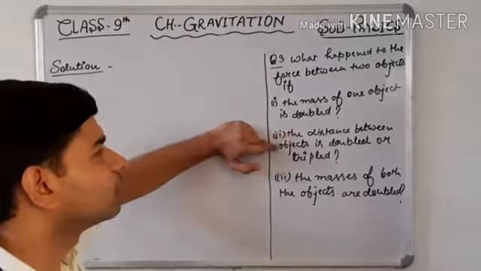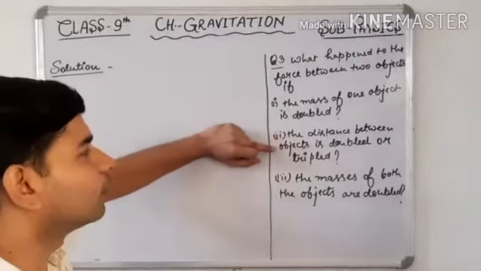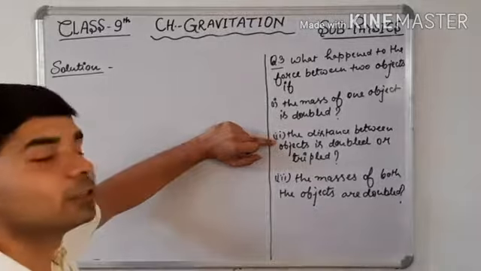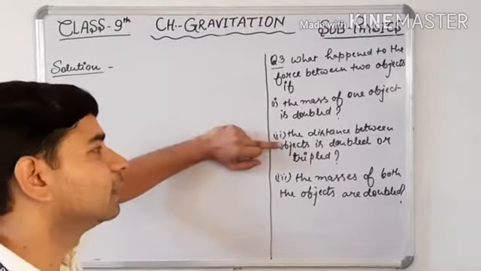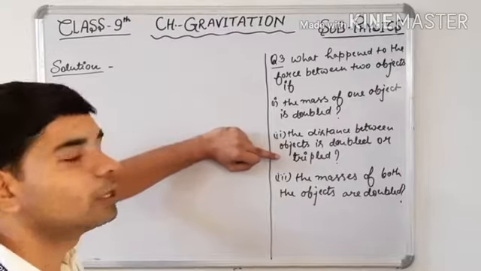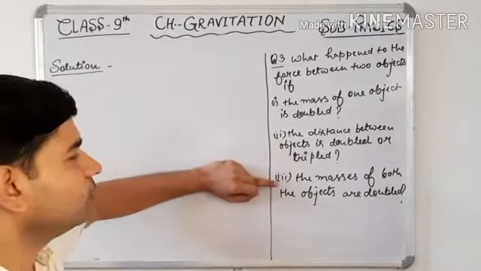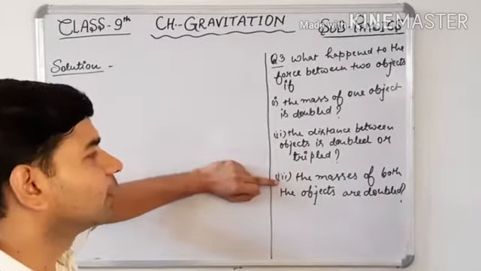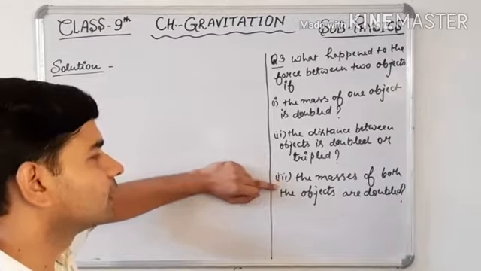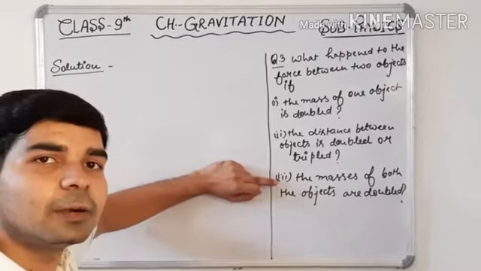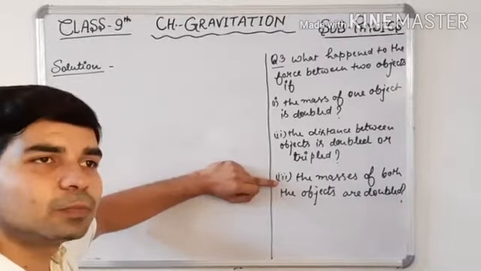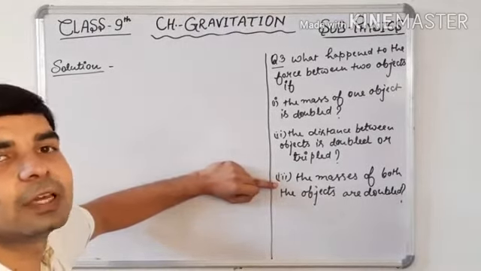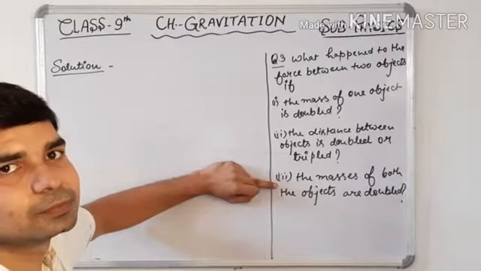If the distance between objects is doubled or tripled, what will be the effect on the force? And in the third point, if the masses of both the objects are doubled, what will be the effect on the force?